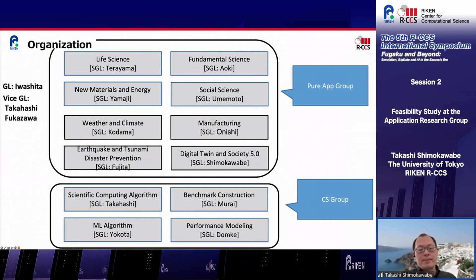The CS group does research on the common algorithms in the various scientific fields.